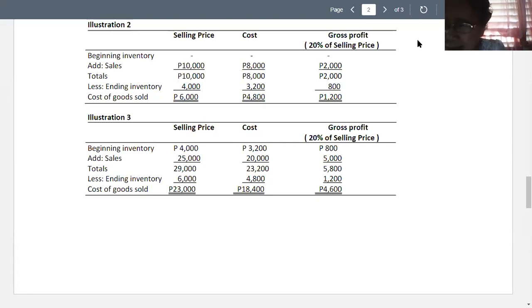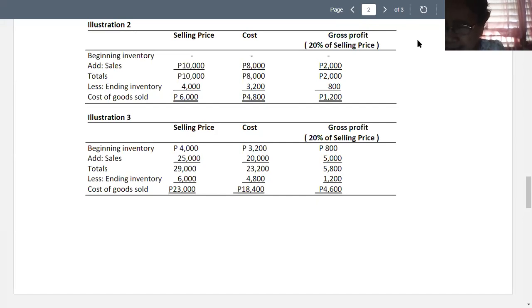These elimination entries remove the overstatement of the consolidated amounts for sales and cost of goods sold.